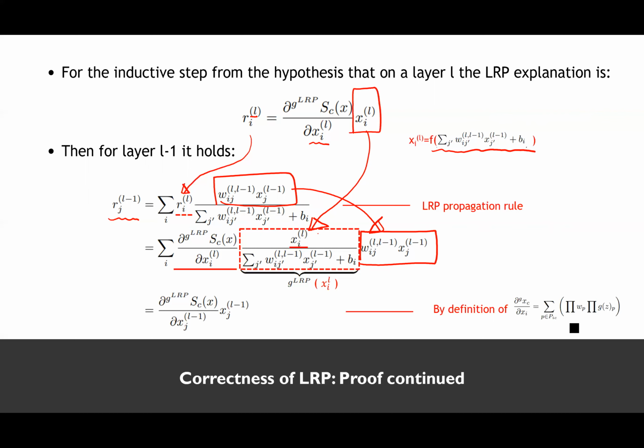So in that sense, this is all again f, if we set that as z divided by z, then that is also again g LRP, and X_i^l, right? Of course, this X_i^l is the one z that we represent.